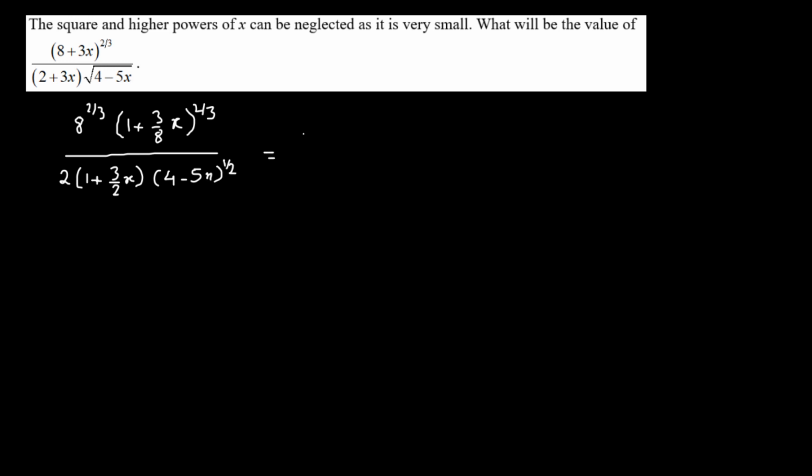So 8 can be rewritten as 2 cubed raised to the power of 2/3 times (1 plus 3 over 8 times x) raised to the power of 2/3 divided by 2 times (1 plus 3 over 2 x).